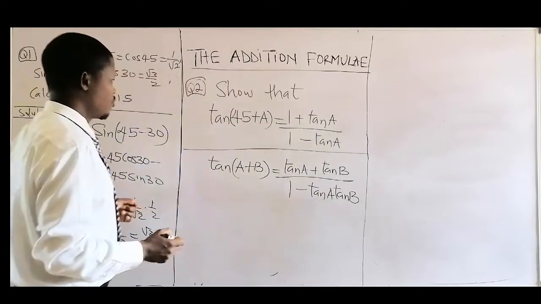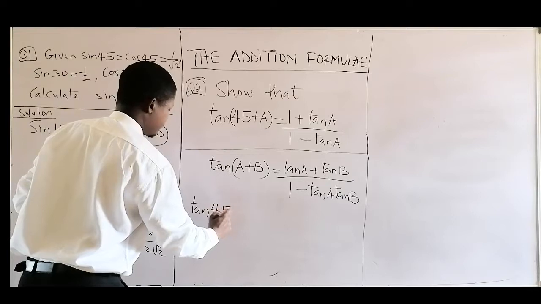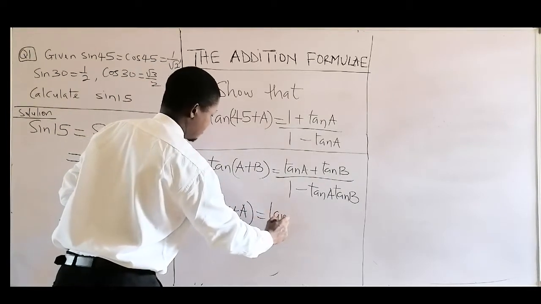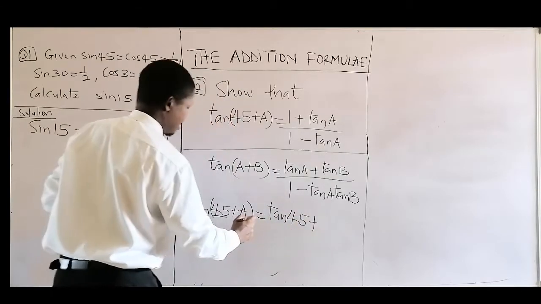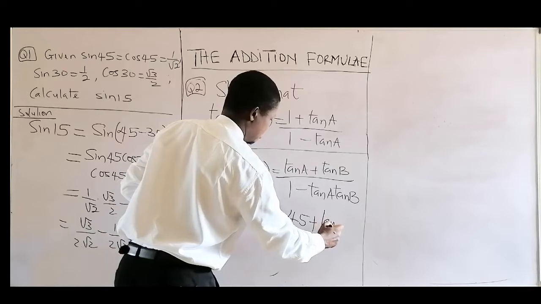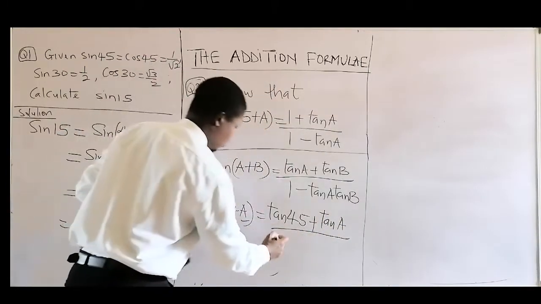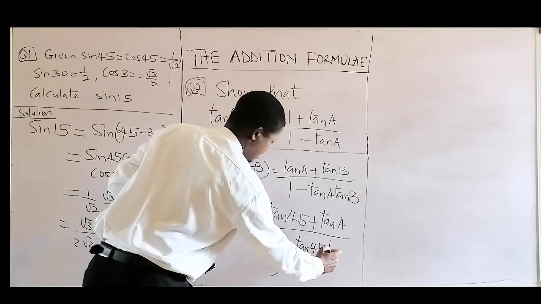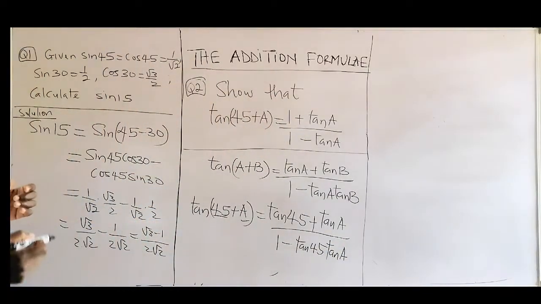Okay, so what we do now, tan of 45 plus A will be equal to what? Tan, the first one, 45, plus tan, the second one, tan A, all over, then 1 minus tan 45 tan A. So that's that. Then we must know that tan 45 is 1.